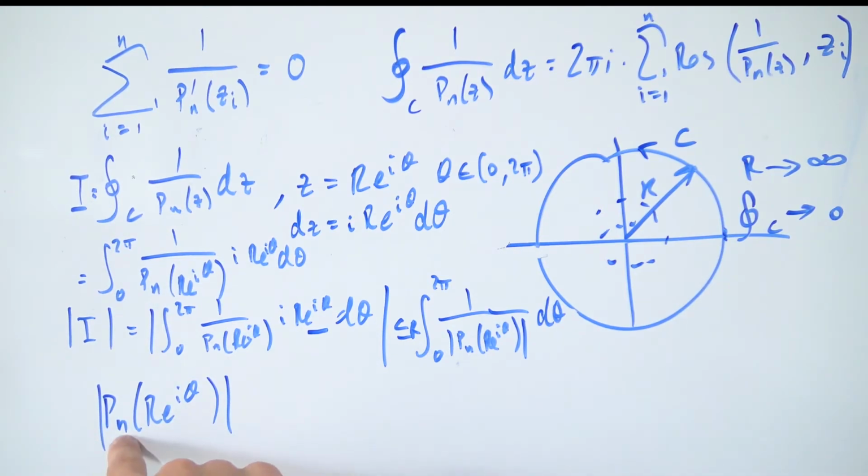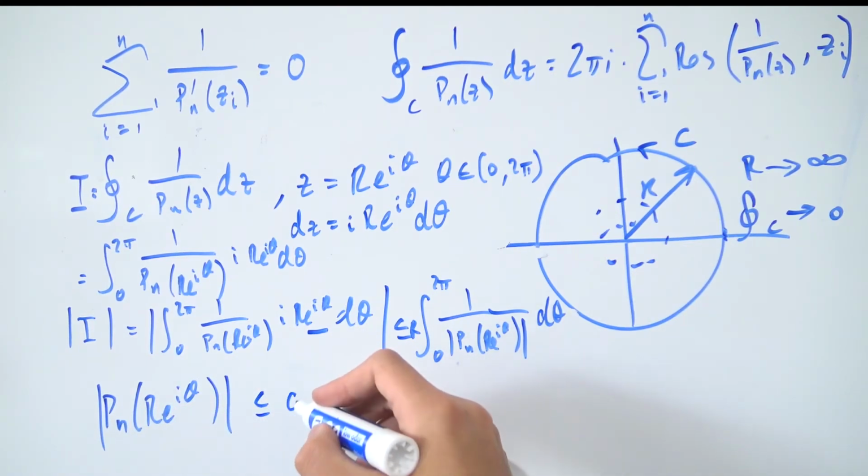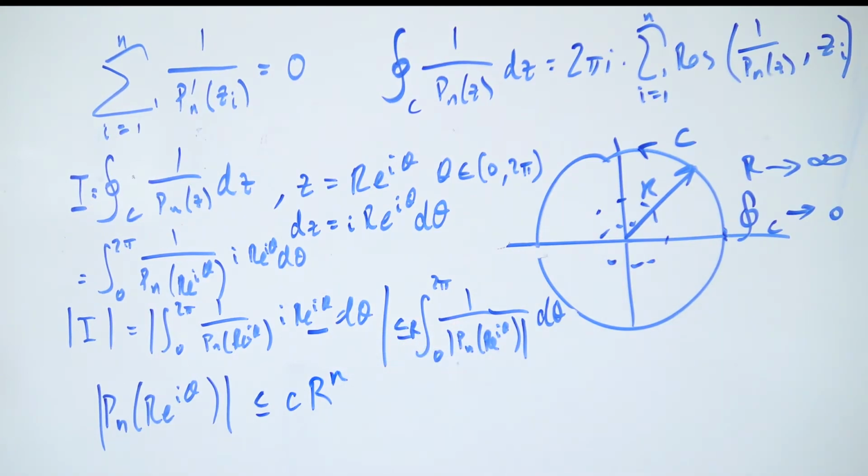Because remember, our polynomial is of degree n. So for big enough r, we can say that it's less than or equal to some constant c times r to the n. And why does this make sense? If you just imagine having real inputs right here, I don't think it really matters because we're taking absolute values anyway, so it's just going to turn it into a real number.